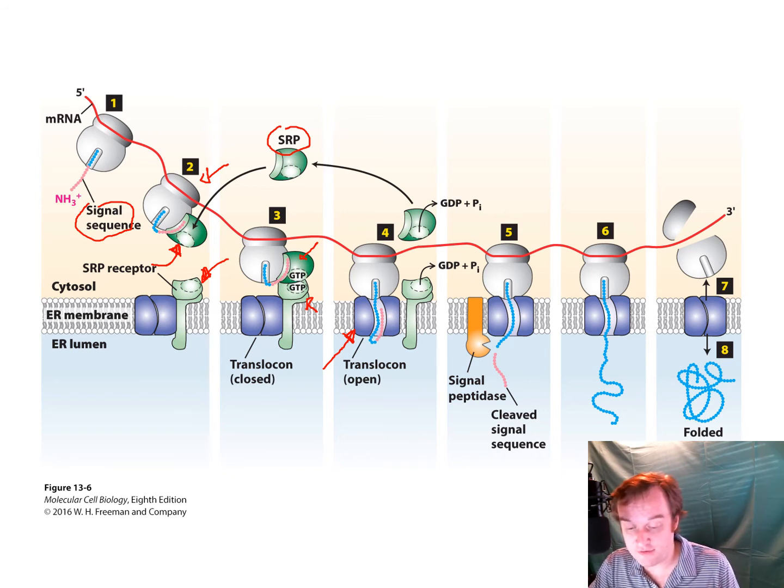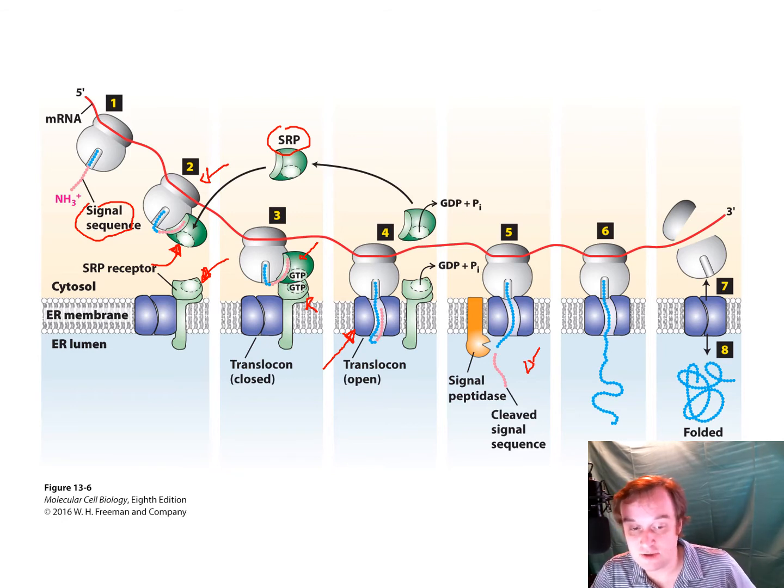In step 5, the elongating polypeptide chain passes through that translocon channel into the ER. So as you can see here, it's moving on in and being translated into this lumen.